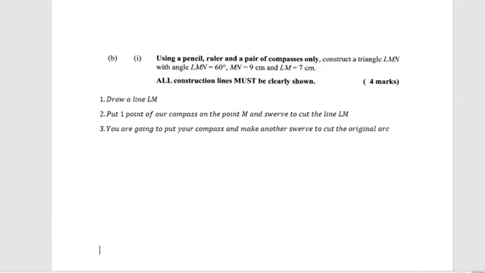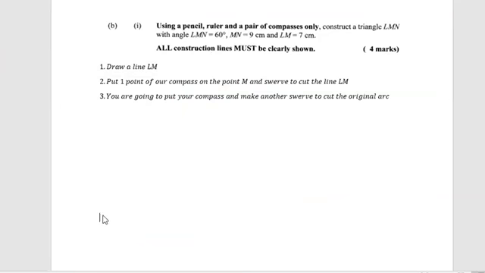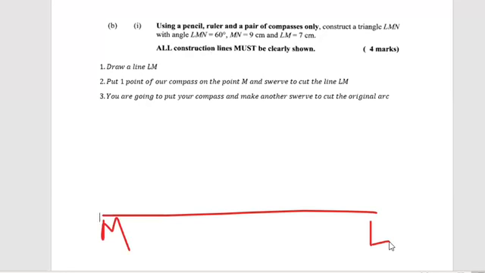So this is what that will look like. So we have our line ML. So right here is M. M is here because this is where we're making our 60 degrees construction. We're opening our compass with one point at M to cut our line. So we open our compass to swerve to cut our line.